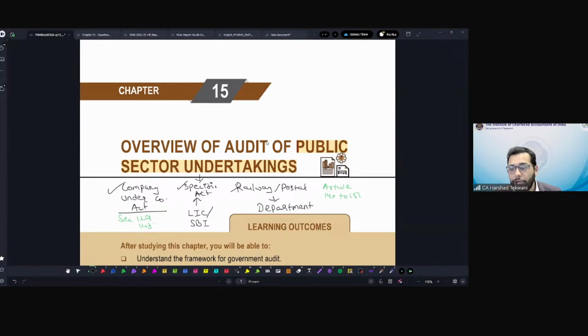So now what we will be discussing is the types of audit that are being done by the C&AG. We have seen audit of accounts under the Companies Act, but now we will go beyond the audit of accounts.